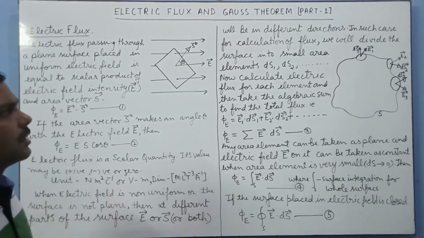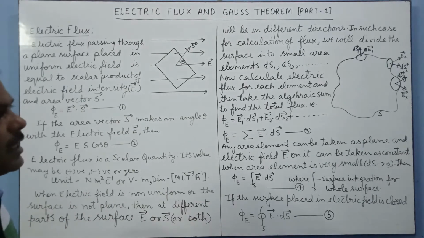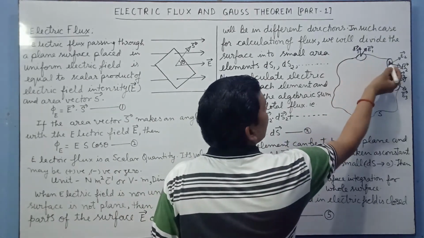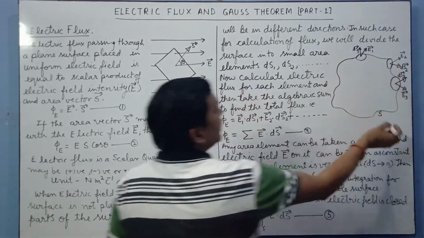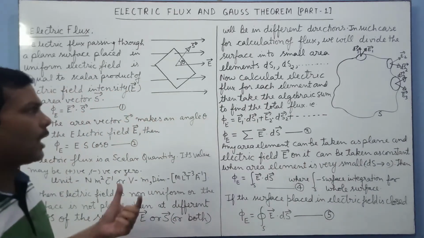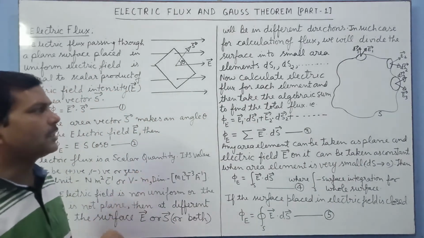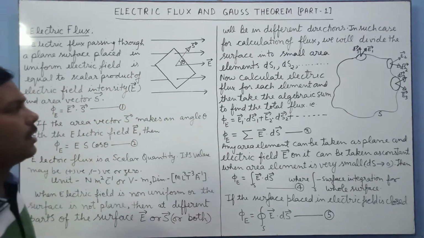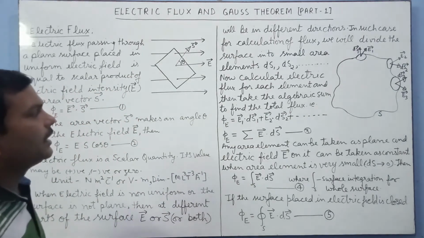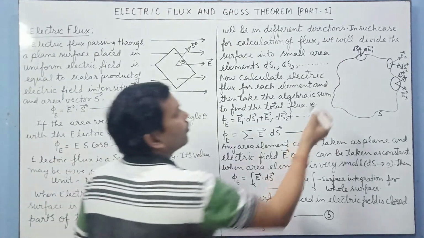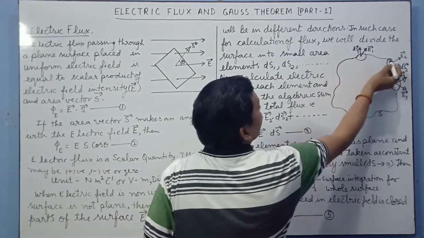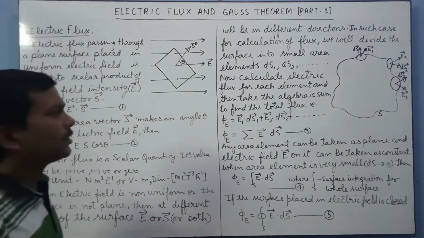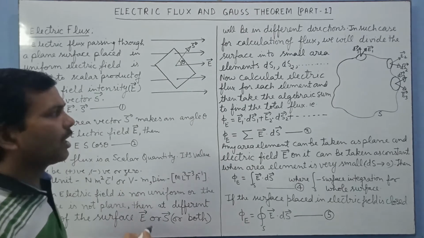So in this case we will divide the total area into small area elements as ds1, ds2, ds3 and so on. Now to calculate the electric flux passing through the total surface, we will consider separately the electric flux due to each of these elements and then find the sum of all the electric flux.